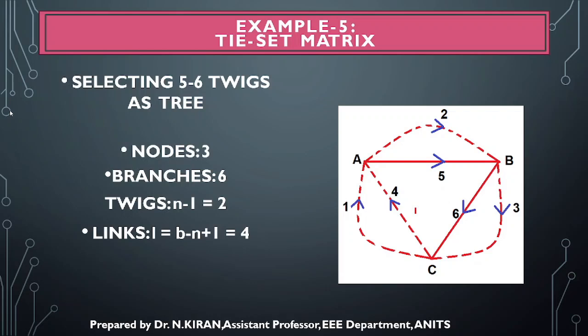So the number of twigs will be n-1, that is 2, and links L is equal to B minus n plus 1, which is equal to 4. So you can see, according to the formula, everything is perfect.